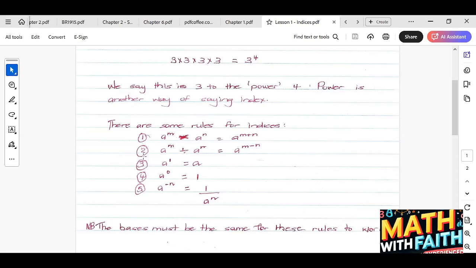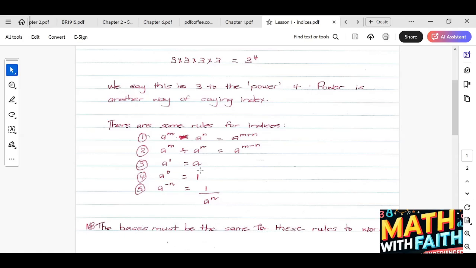The second rule is that a to the m divided by a to the n is equal to a to the m minus n. So if we're dividing the same base, we can subtract our indices. The third rule is simply that a to the power 1 is equal to a.